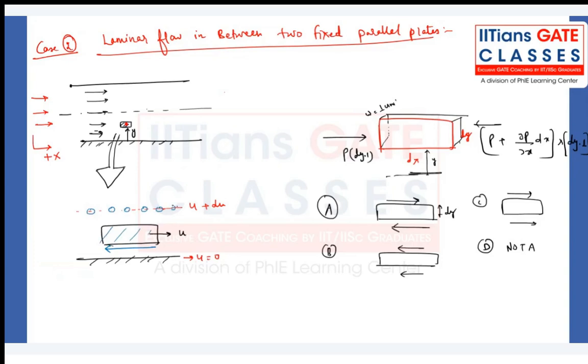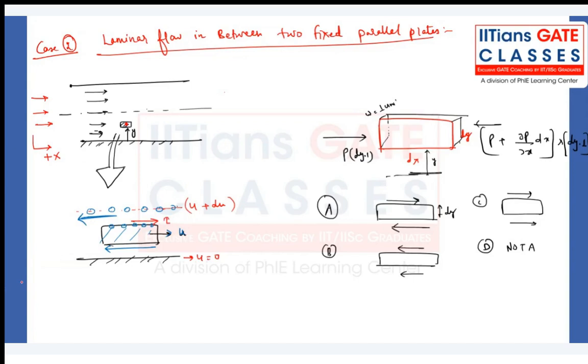The layer attached to the plate will offer some resistance like this. The same resistive force will be developed by the u plus du layer onto this fluid layer in this direction. That's how the variations will be there.